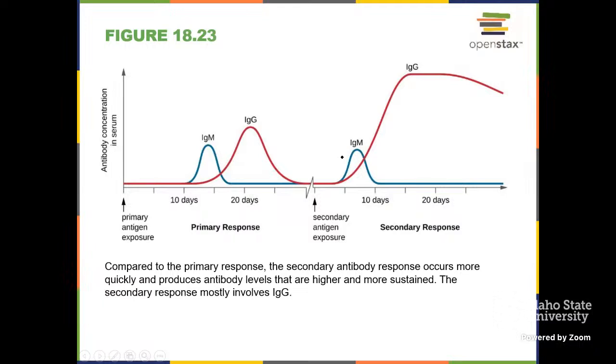That B cell in turn then starts being stimulated by the T cells, starts secreting these antibodies, right? And we start off with the IgMs. Takes about 2 weeks for this to kind of start to peak with the IgM response, right?